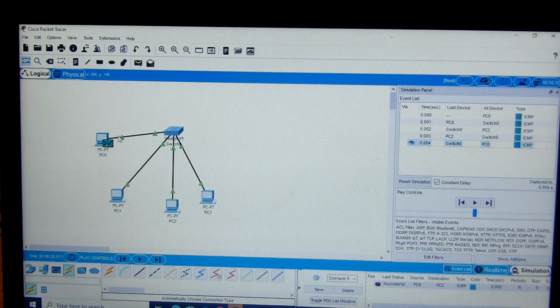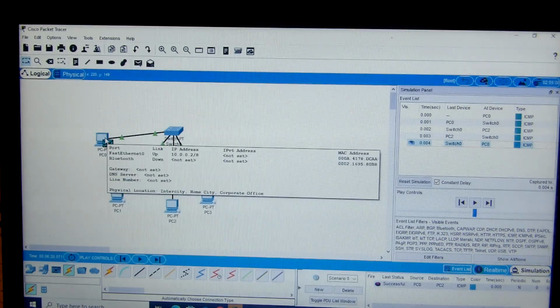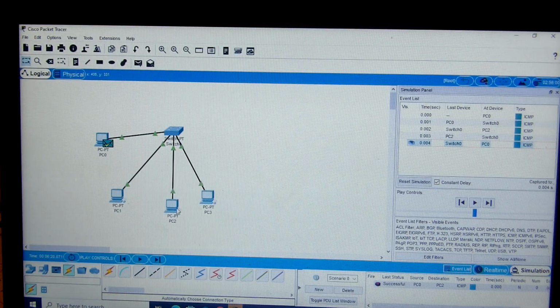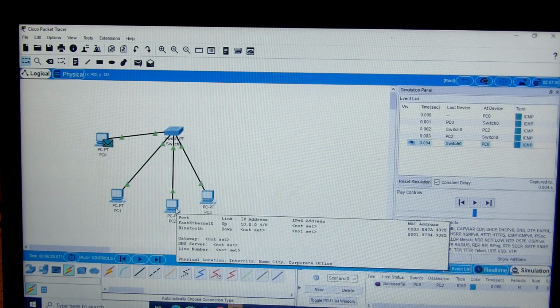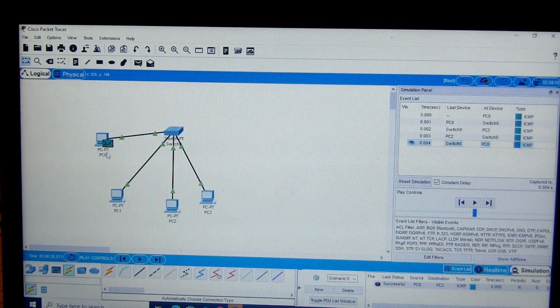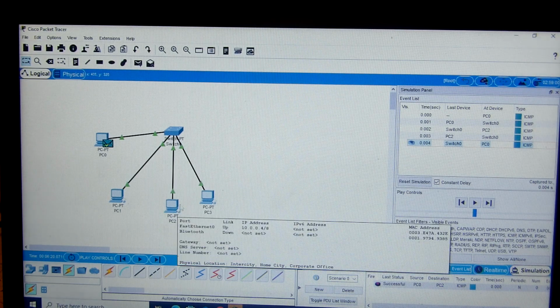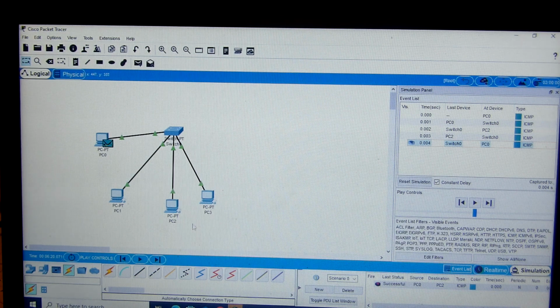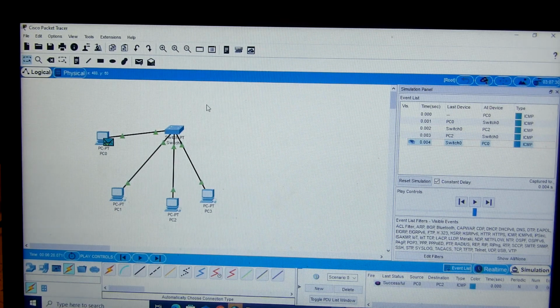This computer has to know the IP address of this one. In general, we make a server here or something, and when you write www.google, you are actually getting in touch with the server, with Google. You are writing the IP address.